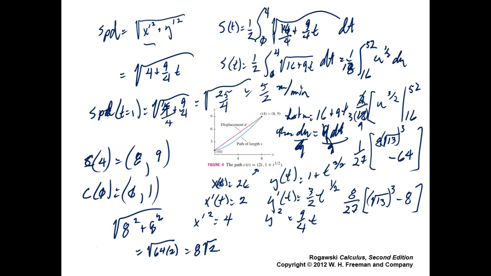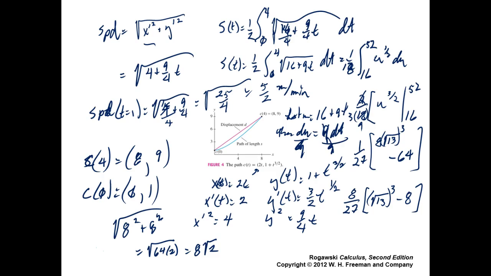And 8 root 2 is about 11.31, which is very close to what we got on the other, which was 11.52.